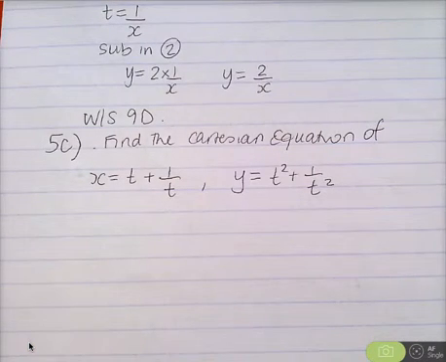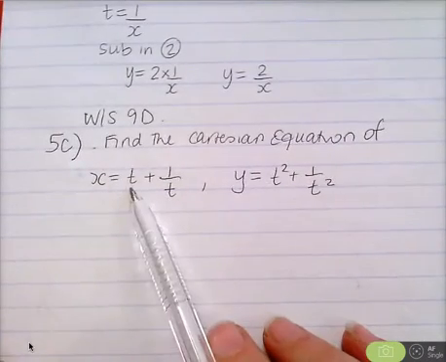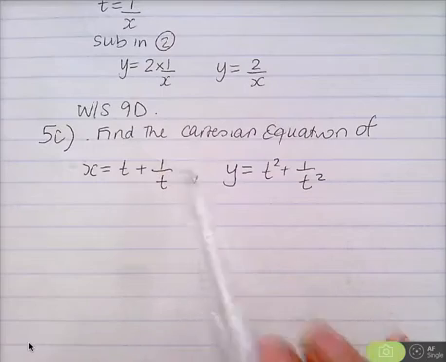Okay, this one, we're going to use a different approach. What do you think about the relationship between that t plus 1 on t and that t squared plus 1 on t squared? Yeah, but with a bit of something else. So let's just work out what x squared is. Y is x squared, but it's either going to be plus or minus something.